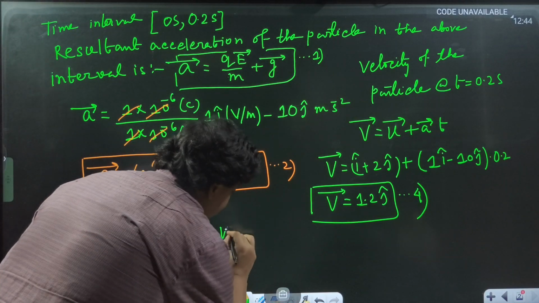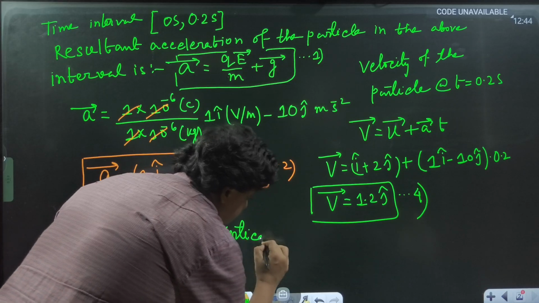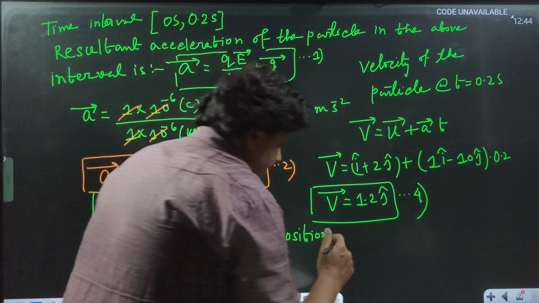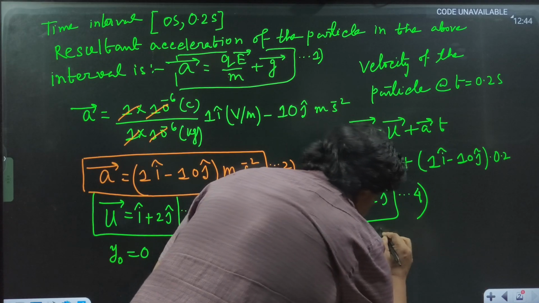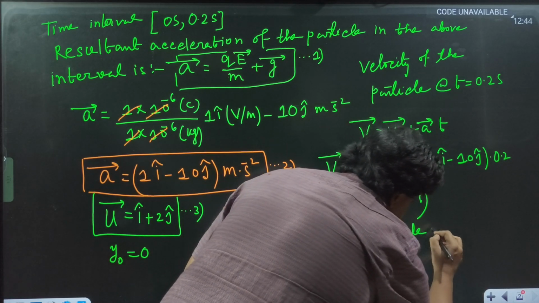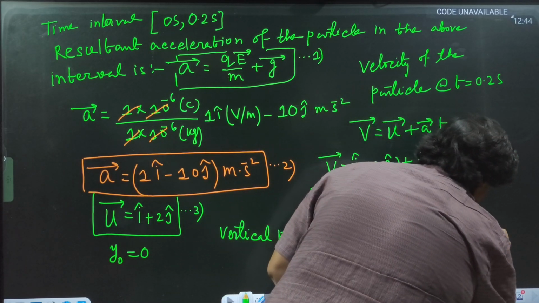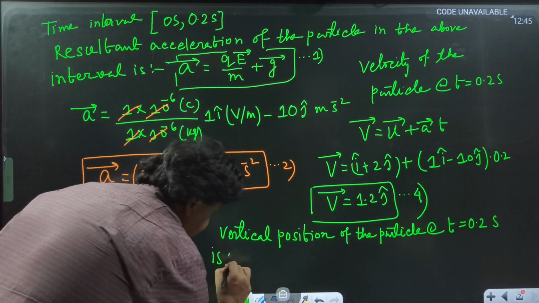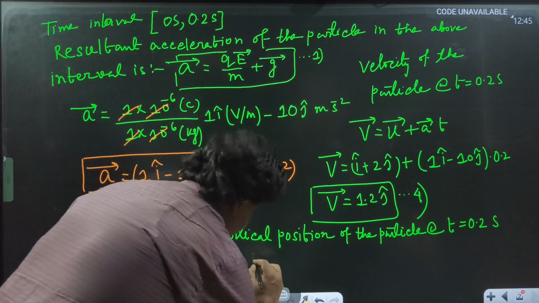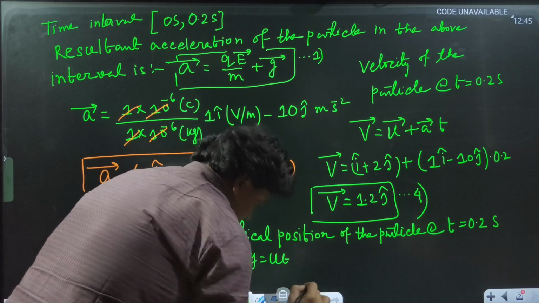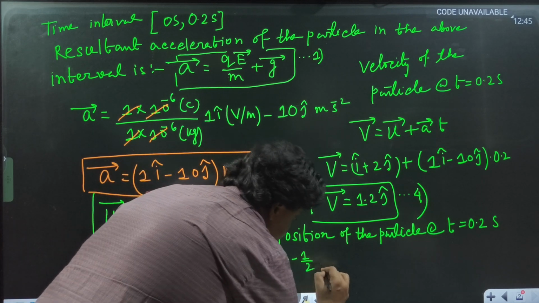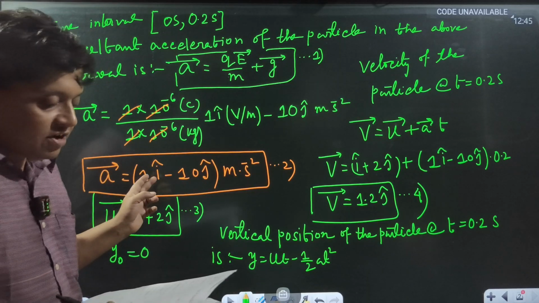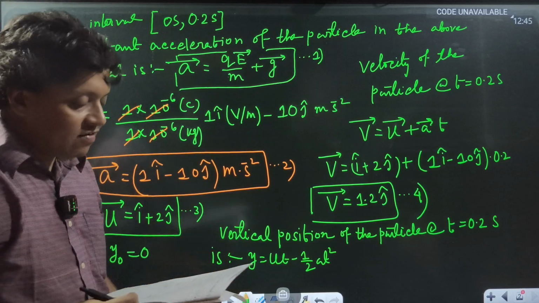Then, vertical position of the particle at t equal to 0.2 second is, again Newtonian kinematical equations, because the acceleration involved is constant. y equal to ut minus half at square.